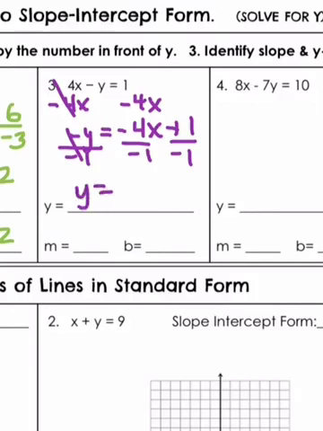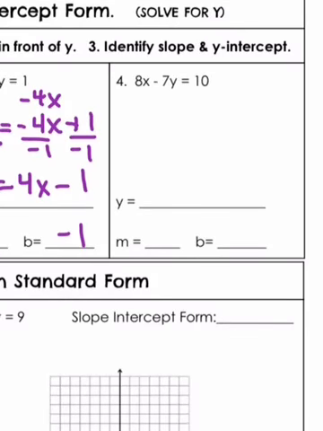So y equals a negative divided by a negative is a positive. 4 divided by 1 is just 4x. And positive divided by negative, negative. And 1 divided by 1 is 1. So the slope for this one is 4, and the y-intercept is negative 1.